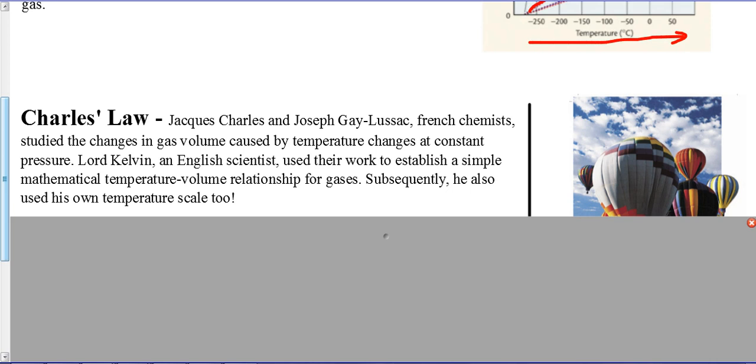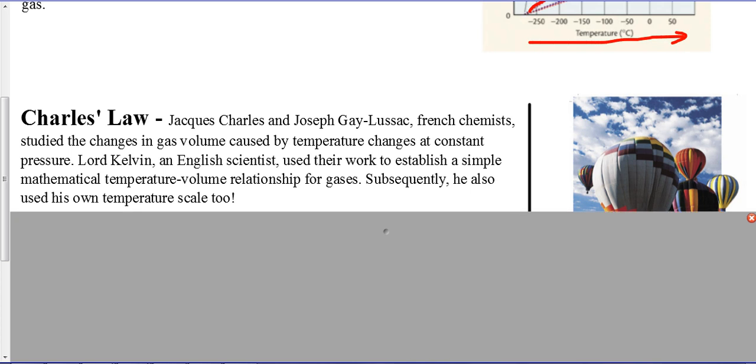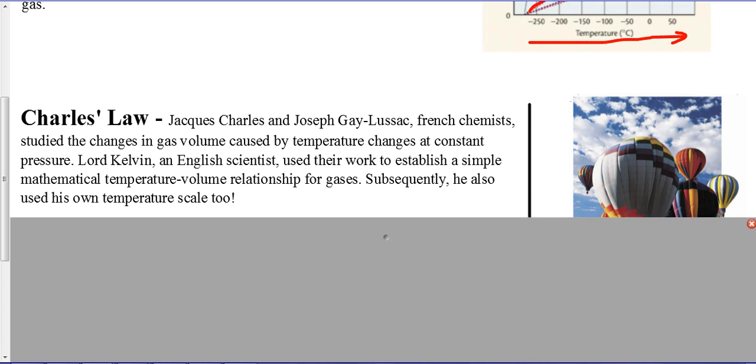What he did was try to keep the pressure constant. Charles decided to use Kelvin, which is a new type of temperature scale that we haven't talked about, and together with Kelvin, who was a lord and an English scientist, they created this quantitative equation.